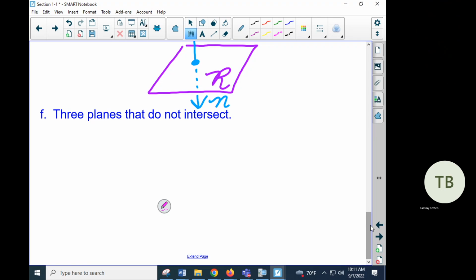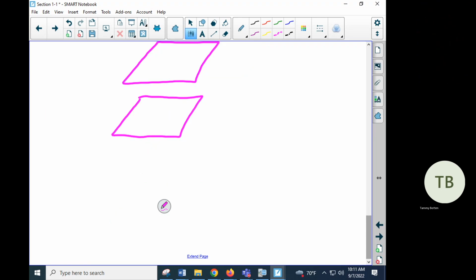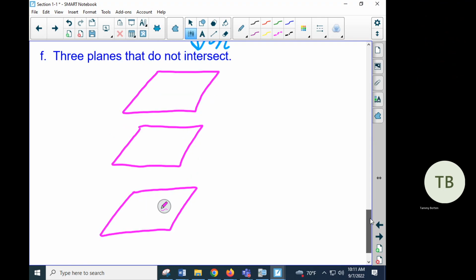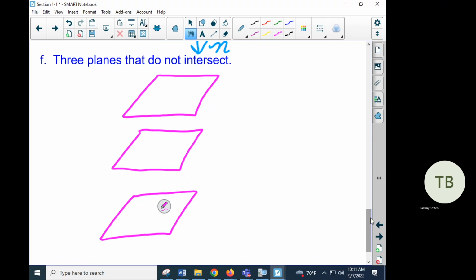How you draw that on paper is you would draw 3 crooked rectangles, one kind of just above the other, but not touching at all. And this does not specify the names of the planes, so we don't have to label at all.